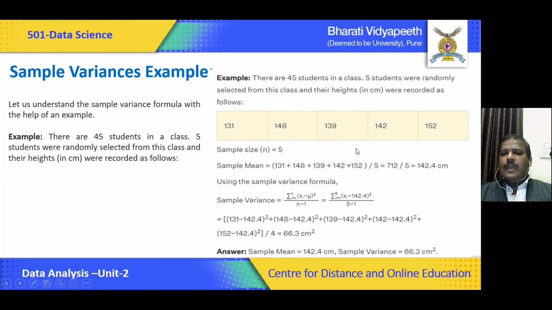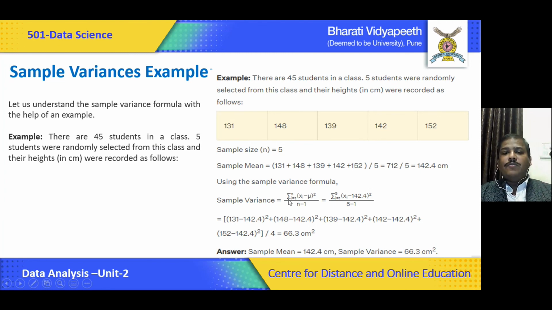Out of all these 5, we have taken the average value 142.4 cm. It's the average height of 5 students. Using this sample, we can apply it to the complete population. So now using this, we can find the sample variance formula, because this is only 5, not 45. We are working on only a sample.